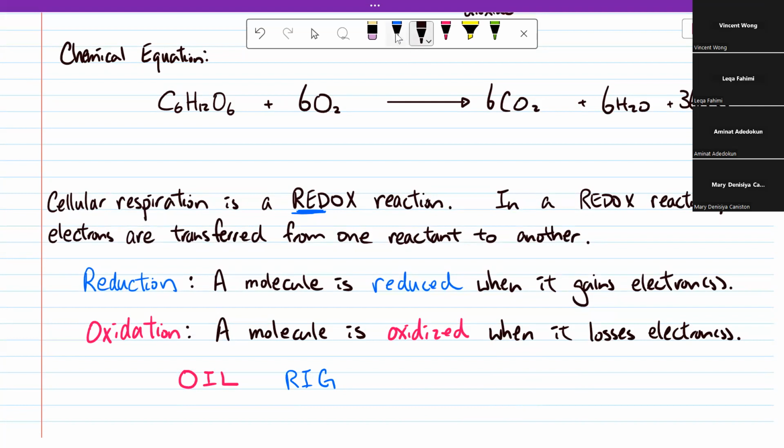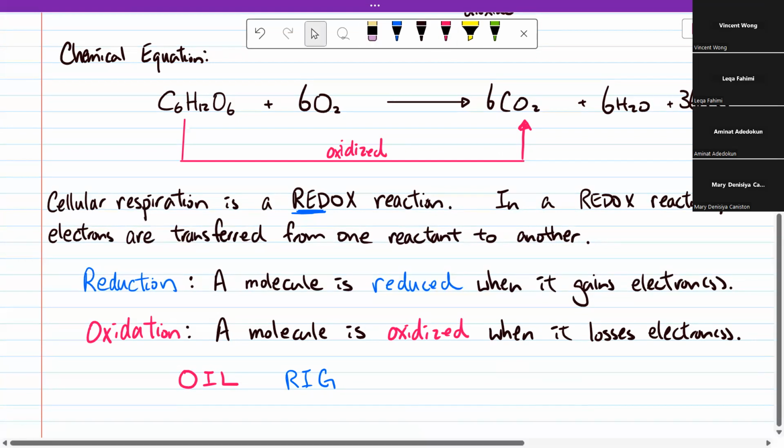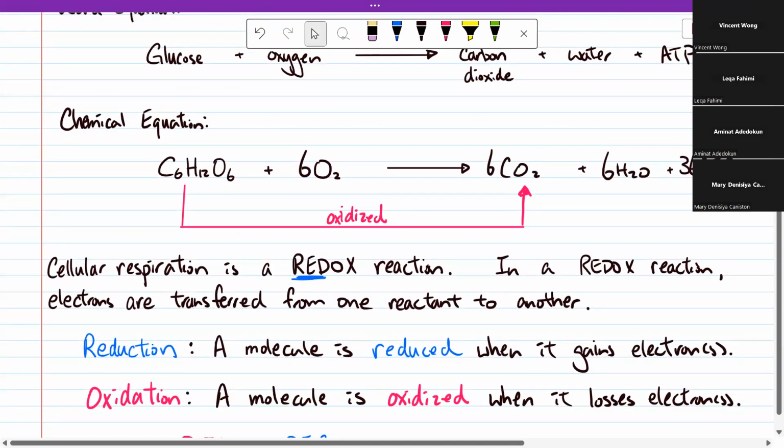Okay. So you have to understand in cellular respiration, the glucose is the one that is going to be oxidized. And it's going to be oxidized into carbon dioxide. In other words, in order to harness the energy from glucose, we're going to be ripping high energy electrons from glucose.